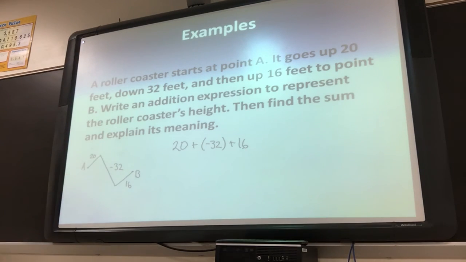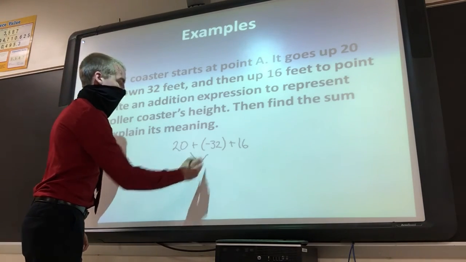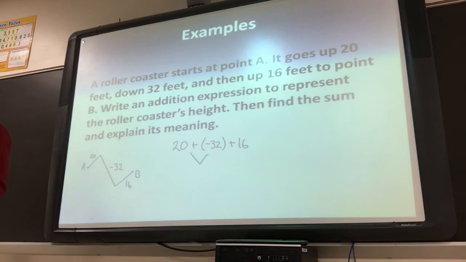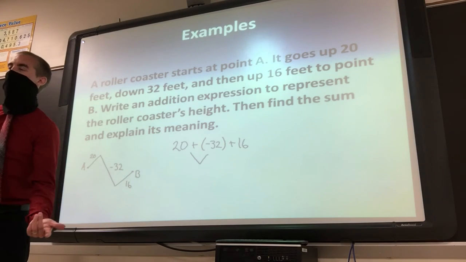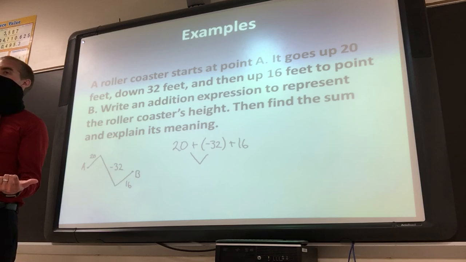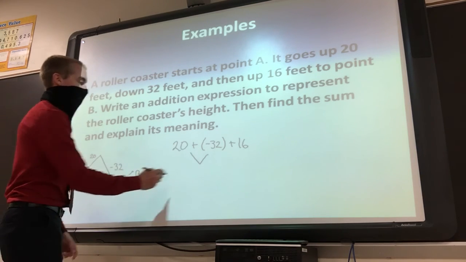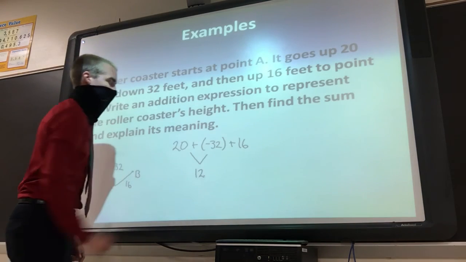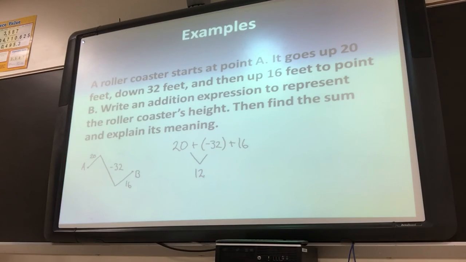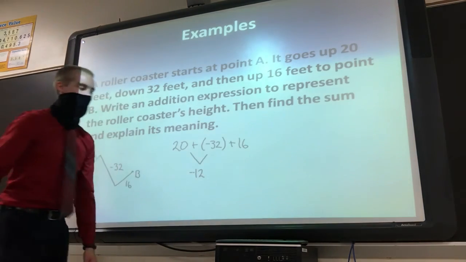And then we find the sum. So what I would do is just do 20 plus negative 32. One's positive, one's negative. If they're different signs, we would subtract. So 32 minus 20 would be 12. Positive or negative 12? Which number's bigger? So 32 makes that a negative.